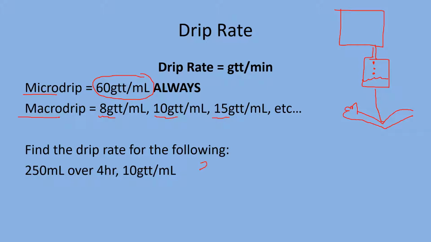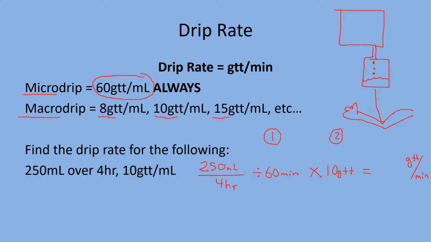So we'll start with the flow rate, 250 mLs over 4 hours. The first step is to divide by 60 minutes. And the second step is to multiply by the drip factor, in this case 10 drops. And that's it. Now you are in drops per minute.